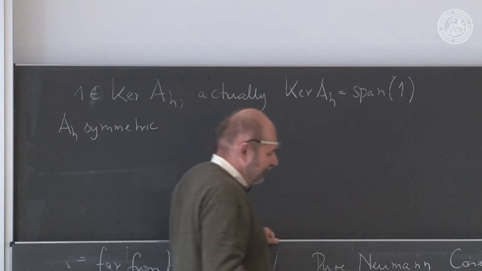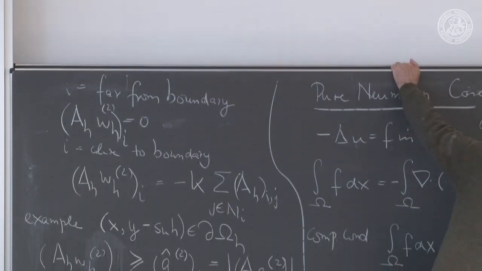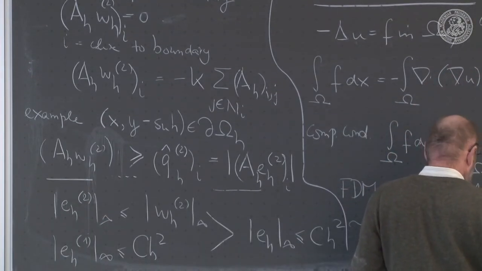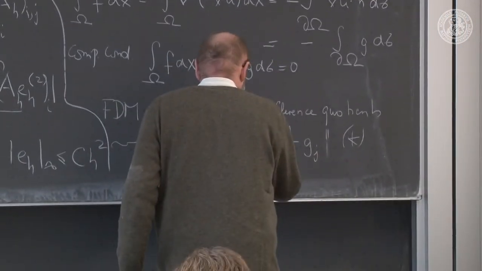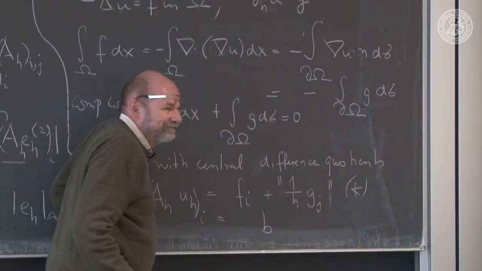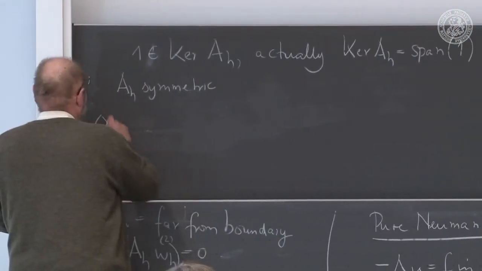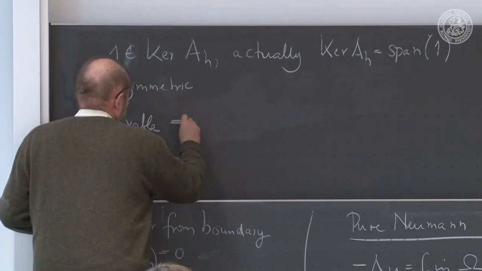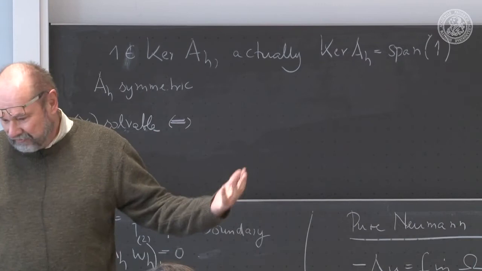Let's call this star here. And let's call this right-hand side, in shorthand writing, give me a letter, F, G, whatever, B. The first thing I think everybody of you can say: when is a set of equations solvable?